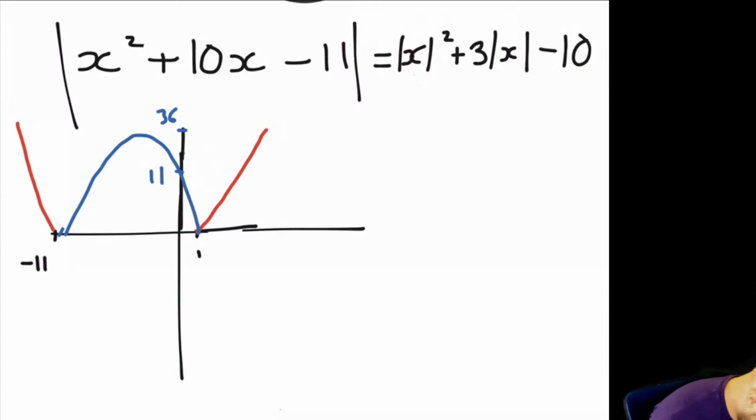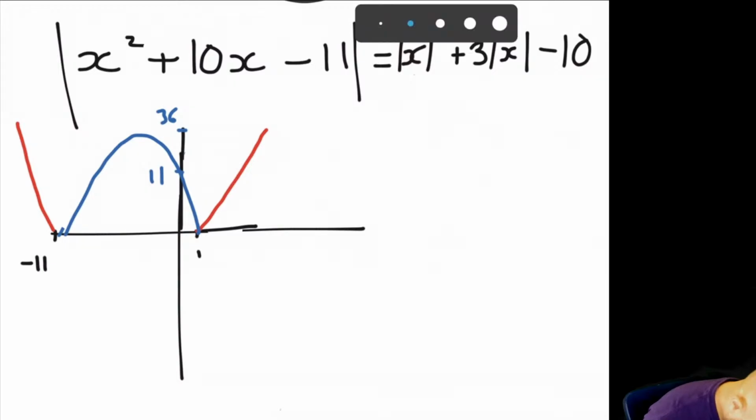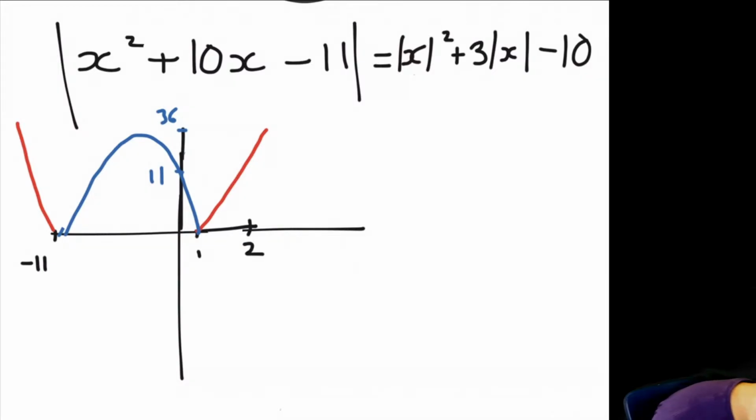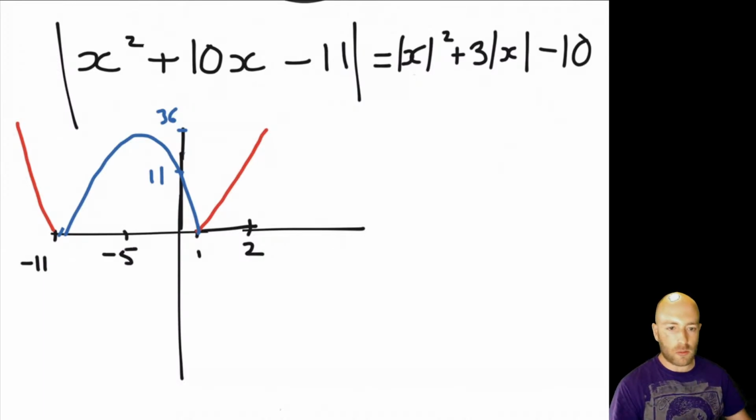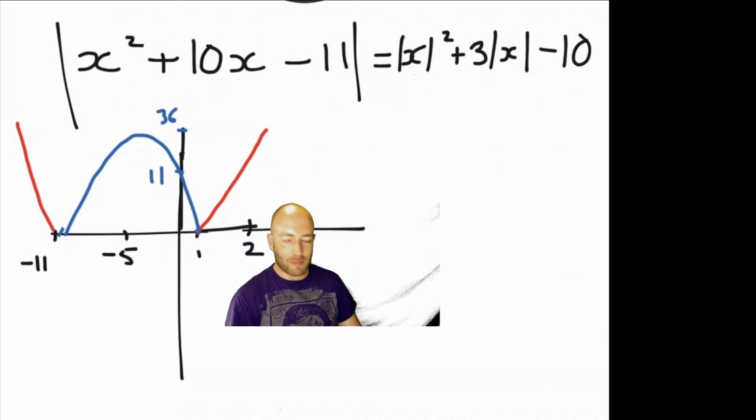For the other one then, we'll draw the original. So we'll solve the original quadratic. And we get a value of 2. This actually turned out better than I thought. 2 and minus 5. So the old quadratic would have, I'm not going to draw it on because it's going to get messy otherwise.